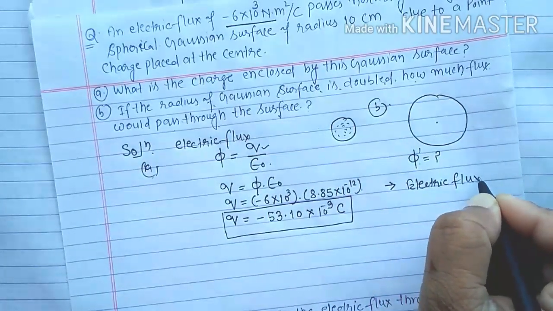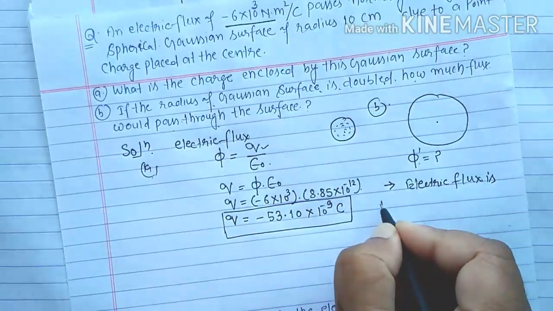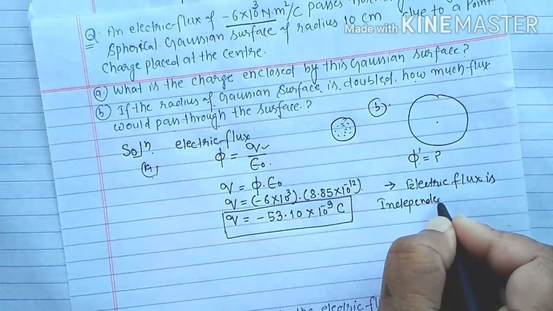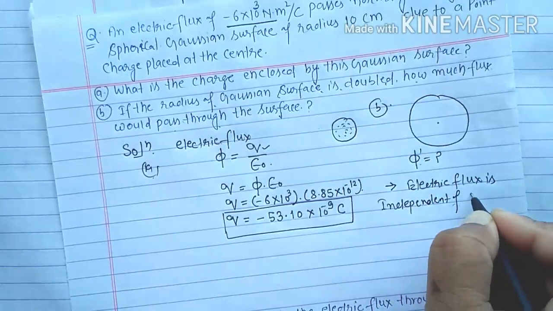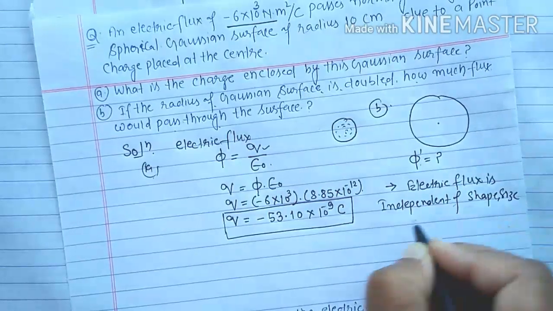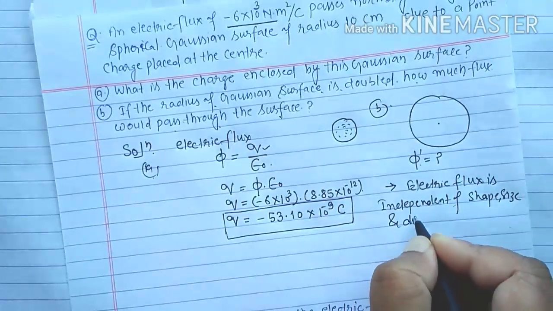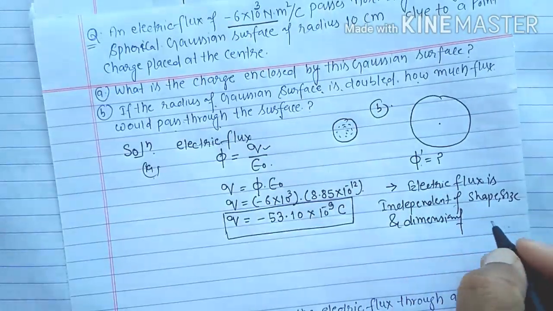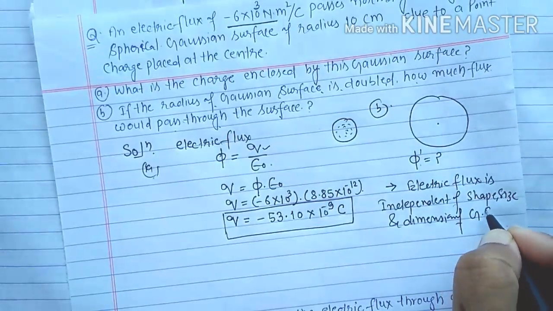Electric flux is independent of shape, size, dimension of Gaussian surface.